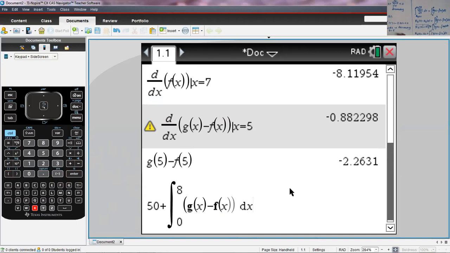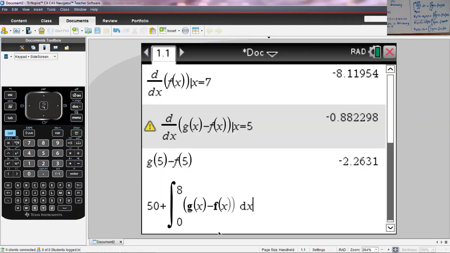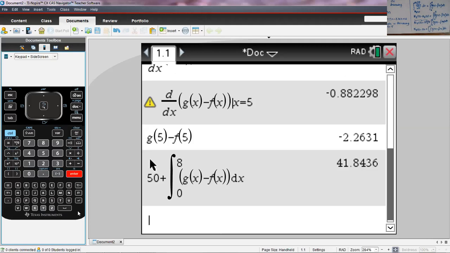So this is exactly the same integral I have here on my board. You see 50, 0, 8, g of t minus f of t. Okay, so g of x minus f of x, and then press enter. And I have 41.8. So this is going to be 41.844 pounds of bananas, correct?